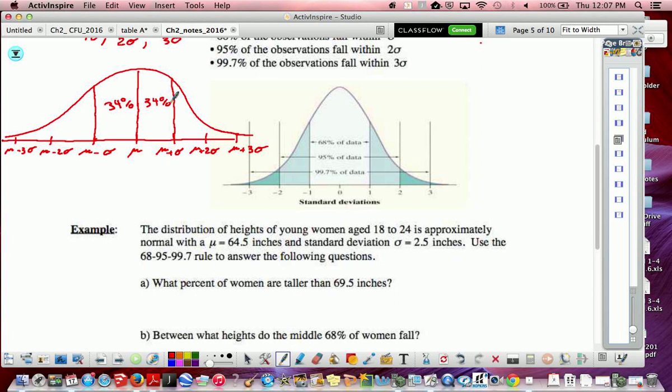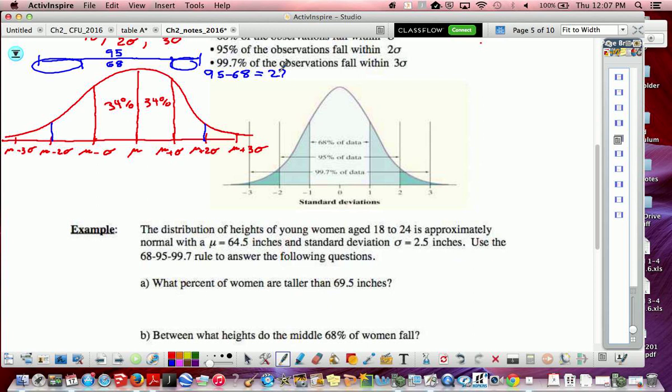Now I can do the same thing again for 2 standard deviations. So what I'm going to do is calculate out these little areas right here. If I think about the whole distance is 95, I've already accounted for 68. So these pieces right here equal 95 minus 68, or 27%.